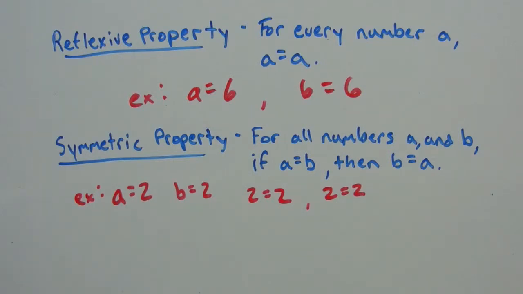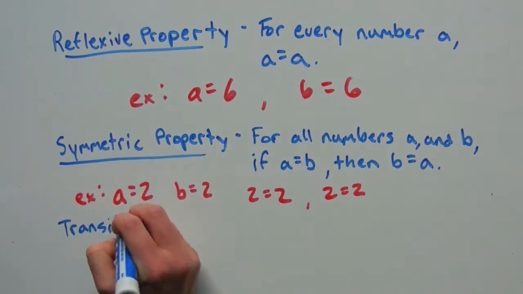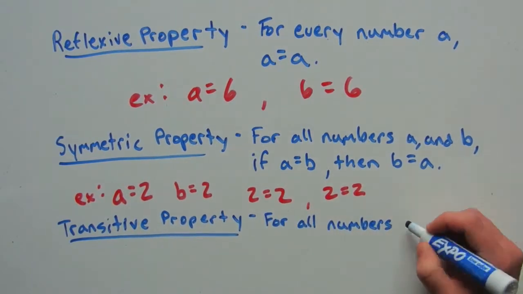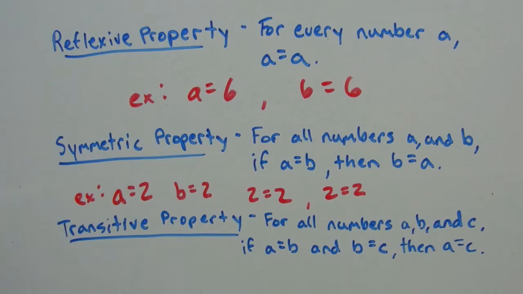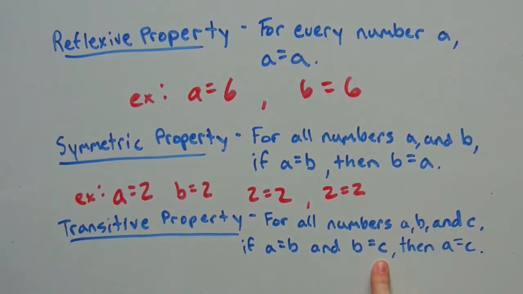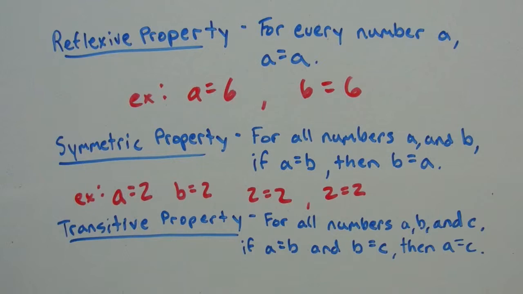Next, we're going to go over the transitive property. The transitive property states that for all numbers a, b, and c, if a equals b and b equals c, then a equals c. Let's show that through example.